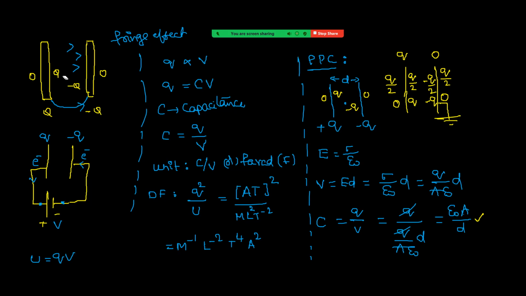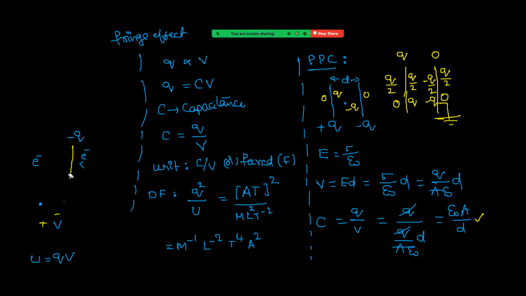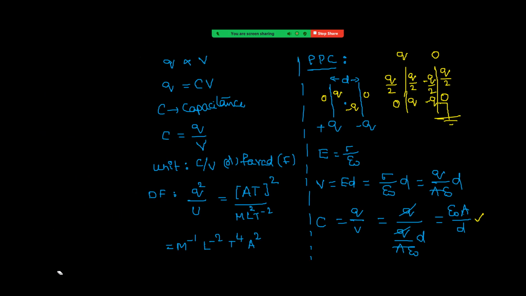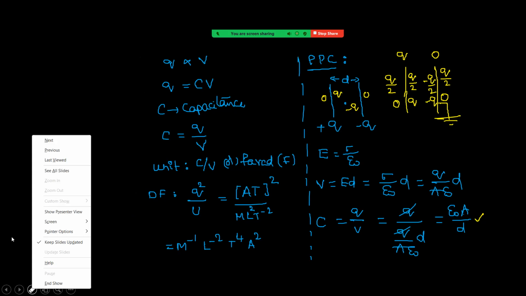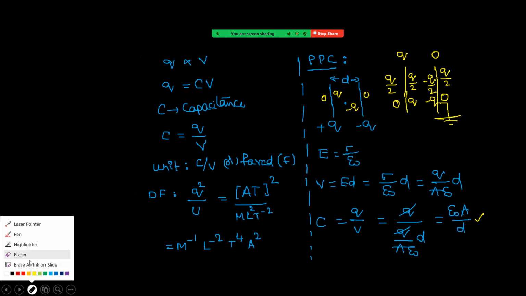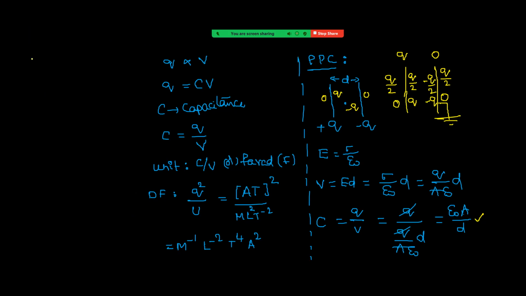Let us see now the calculation of capacitance in case of a spherical capacitor. Now consider two coaxial conducting spheres, two coaxial conducting spheres.